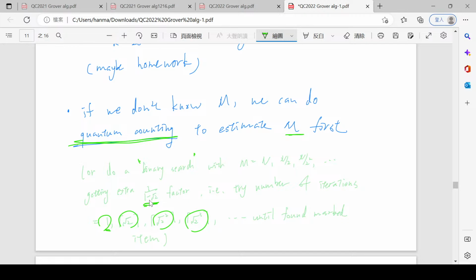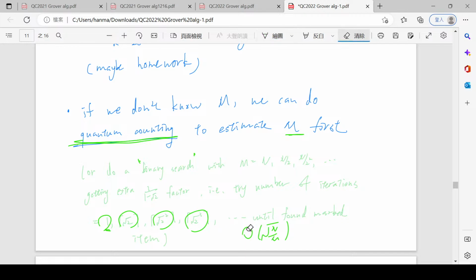The extra number of searches you need to do is only a constant factor. So this doesn't change the complexity, so you are still on the order of square root of n over m number of times. Okay? So this is possible.